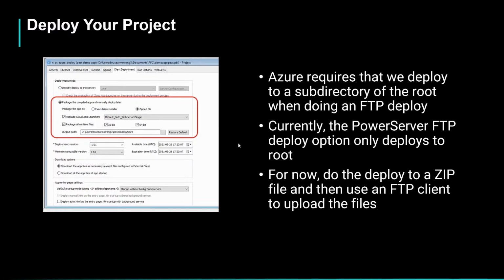So if you deployed to the root of that, you're way off as far as where the files need to be deployed. I pointed this out to Appian, so hopefully they'll address it in a later version. What would really help in the FTP deploy option is if we could specify a root underneath the folder that we want to deploy to, so we can navigate down, particularly with Azure here, the 3 or 4 directories we need to go down before we actually do the deploy.